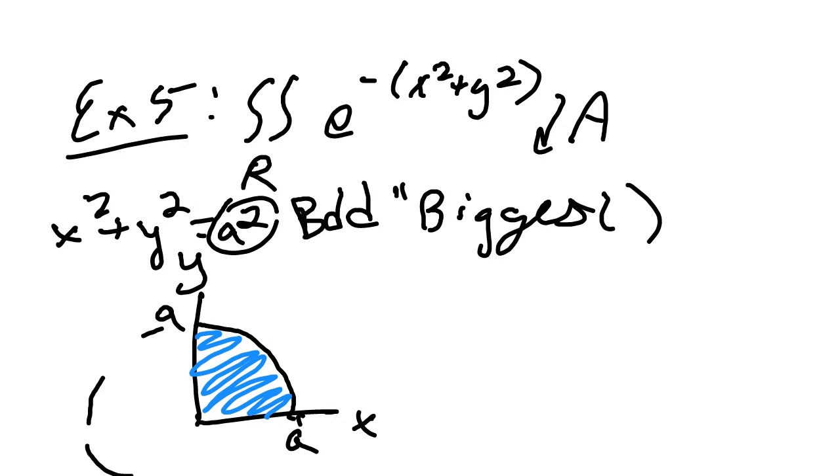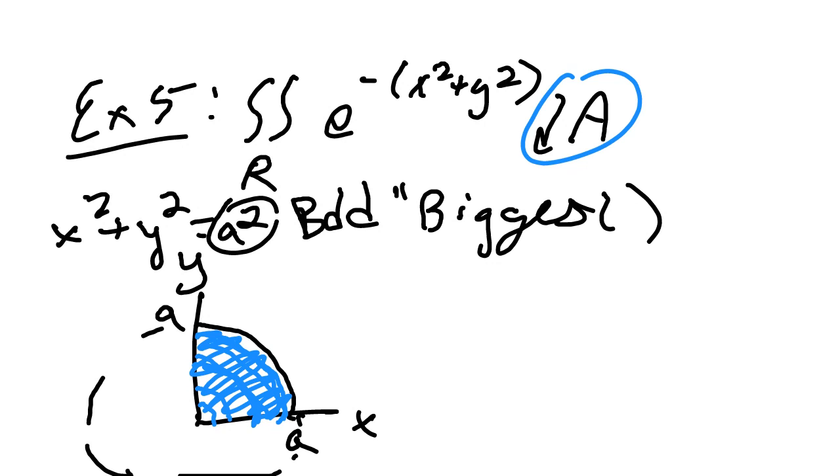That goes all the way around, but I want to be in quadrant 1. So I can have any radius. My radius r away from the origin could be anything up to that. It could be small, like down in here. It could be half of a, which is right here, can go out to a. So if a is 10, that's the biggest radius I got, if that makes sense.